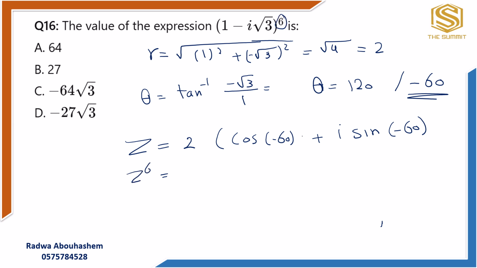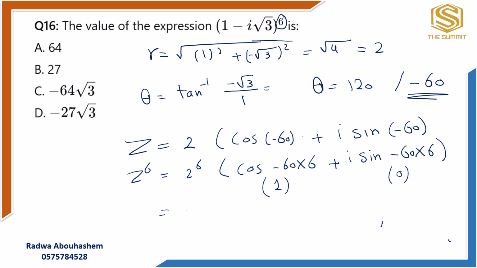So z to the power 6 would be 2 to the power 6 times cosine of negative 60 times 6 plus i sine of negative 60 times 6. So here, the cosine of negative 360 is 1, and the sine of negative 360 is 0. So 2 to the power 6 gives me 64.